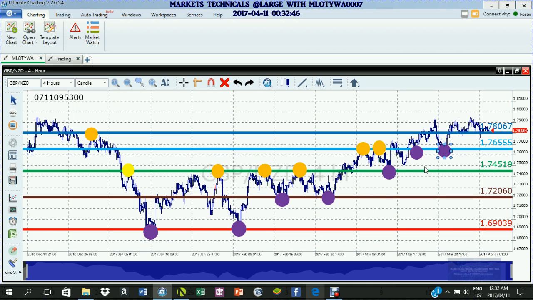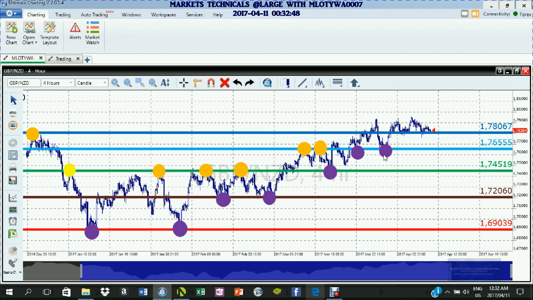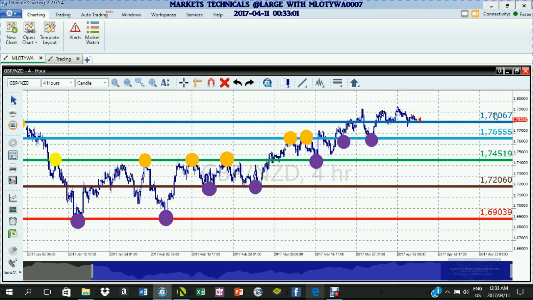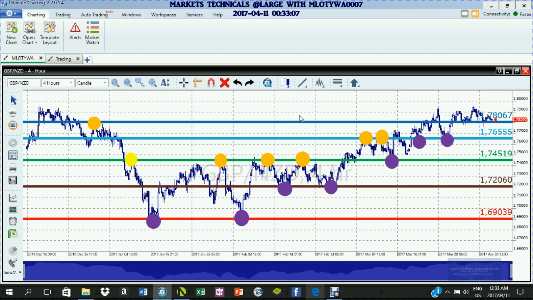Okay, moving on. Here you can see we have our support denoted. And we also have another resistance part of the market on this rate, 1.73067. On this rate the market is resisted.